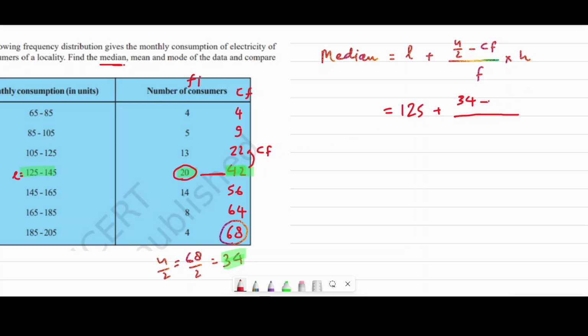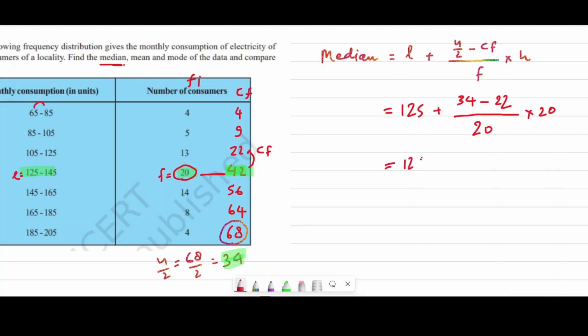Clear? So put 22 here. Now what is the value of f? This is the value of f. So here put the value 20. Now what is the value of h? h is the size of the class. So there is a difference of 20. So put here 20. Clear?